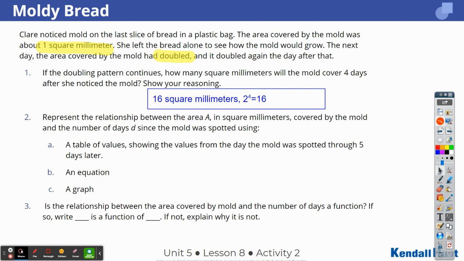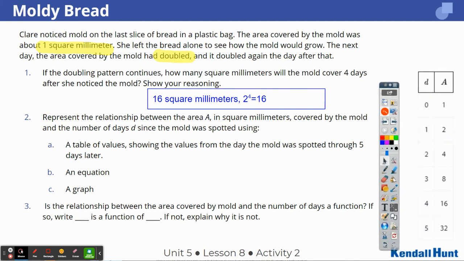All right. Now we need to look at this and be able to make a table of values, an equation, and a graph. And so to make our table of values, we already have the initial value, 0. Okay, so our initial value is 0. And then we would just number them. Okay, so our table would look something like this.